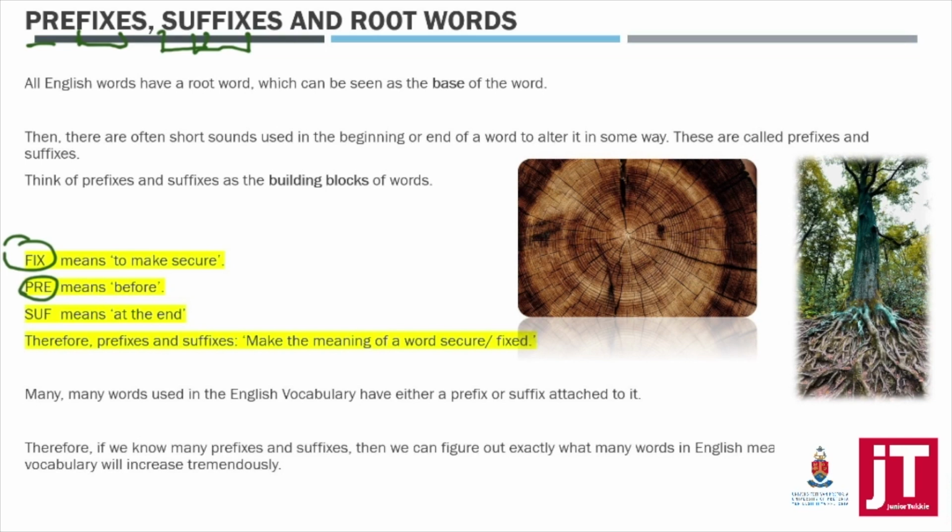So basically, think of a chain, okay? You've got pre, the root word, and suf. Okay, prefix, I must sound ridiculous. Prefix, okay, root word, and suffix. And all together, that makes a word that's secure in its meaning.